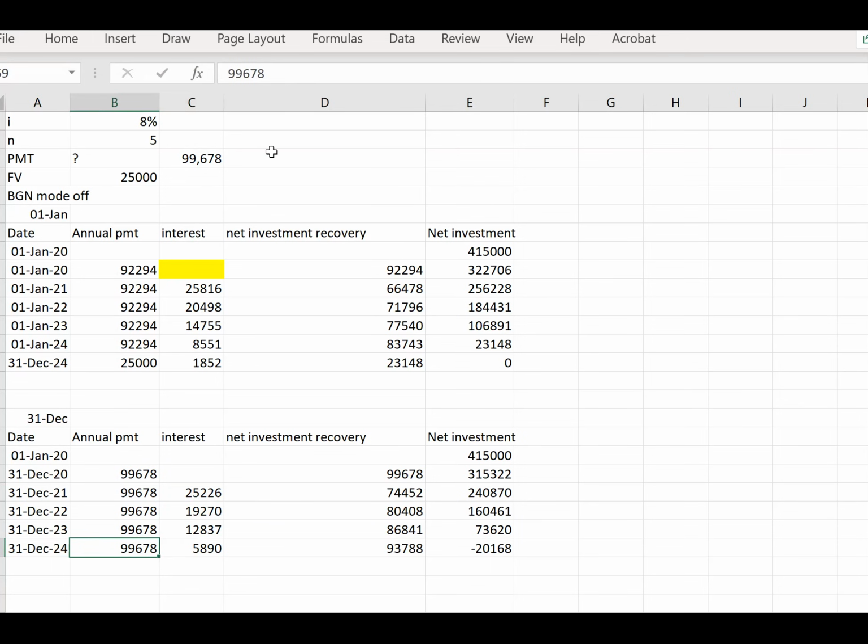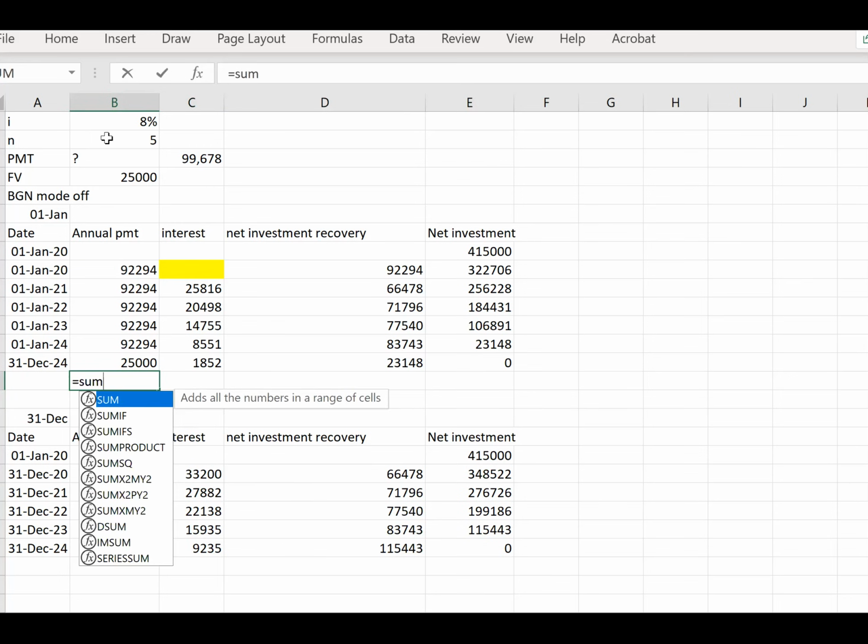So this payment is going to be this plus the 25,000. And so our interest is going to come up here. So you can see now that that balances out, and we can run our totals through here, which is what we need for our journal entry.